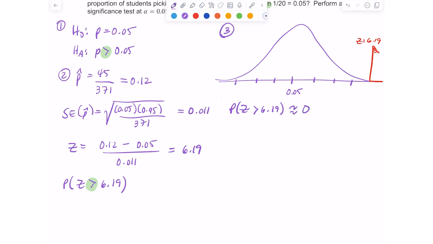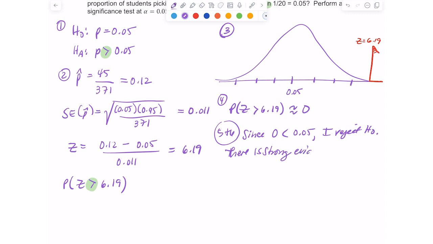So now, in my last step, so this was basically step number 4, step numbers 5 and 6, I'm going to be rejecting the null. Why? Because 0 is less than your alpha level, so you reject the null. Anytime you reject a null, you would say there is strong evidence to suggest the alternative. What does the alternative say?